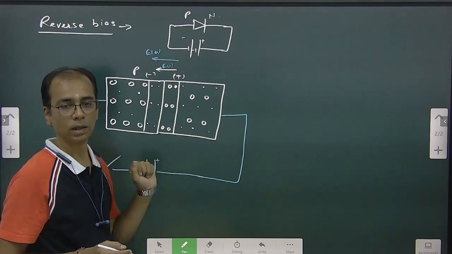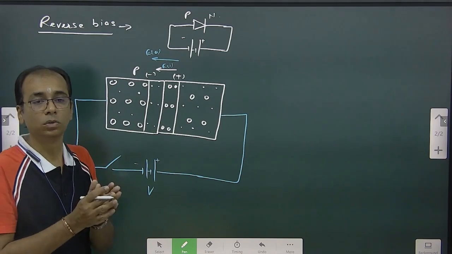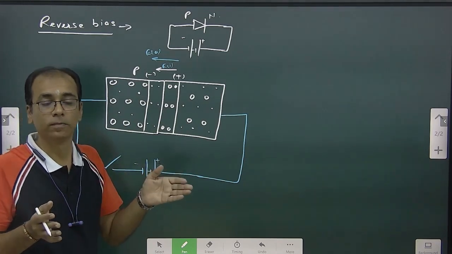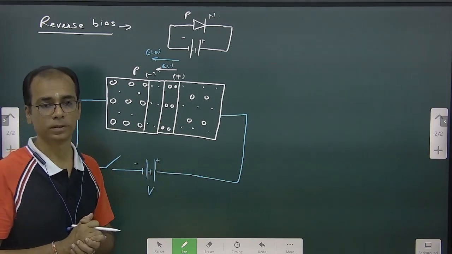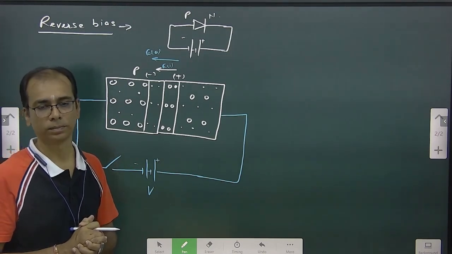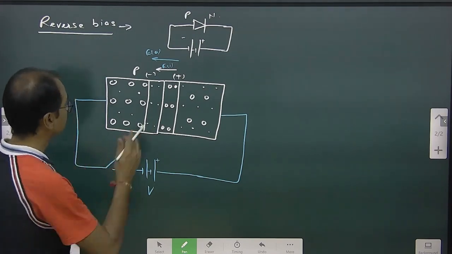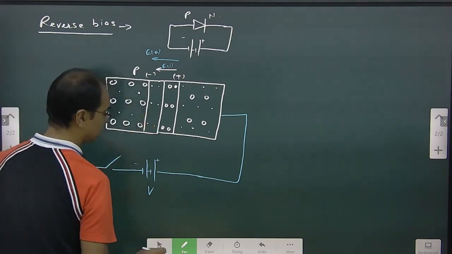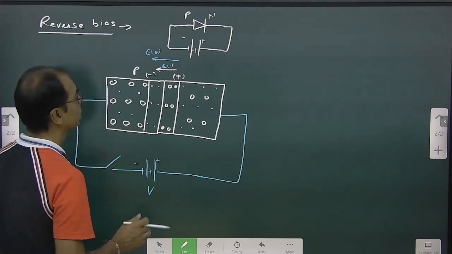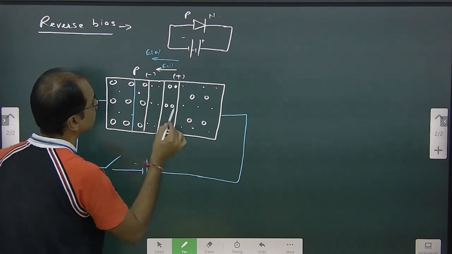They will all go this way, and these will go in this direction. So the depletion layer's width will increase. Okay, it's going to increase a lot. Maybe we can say up to here is now the depletion layer.